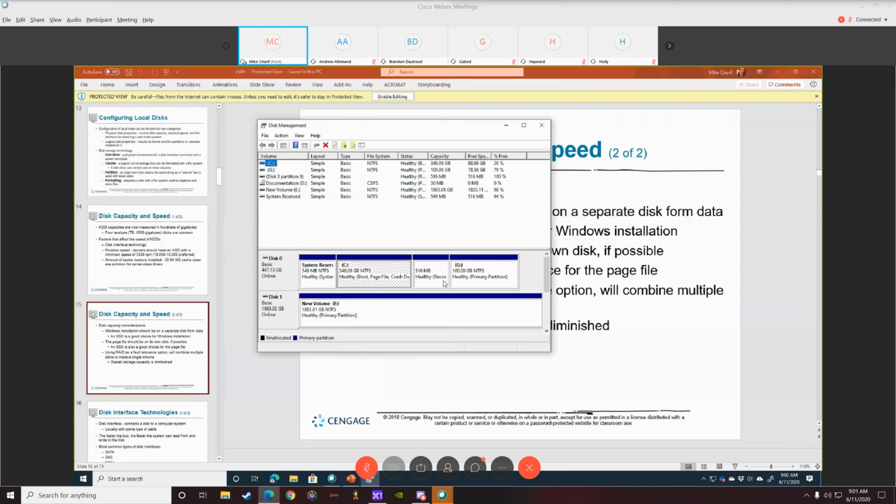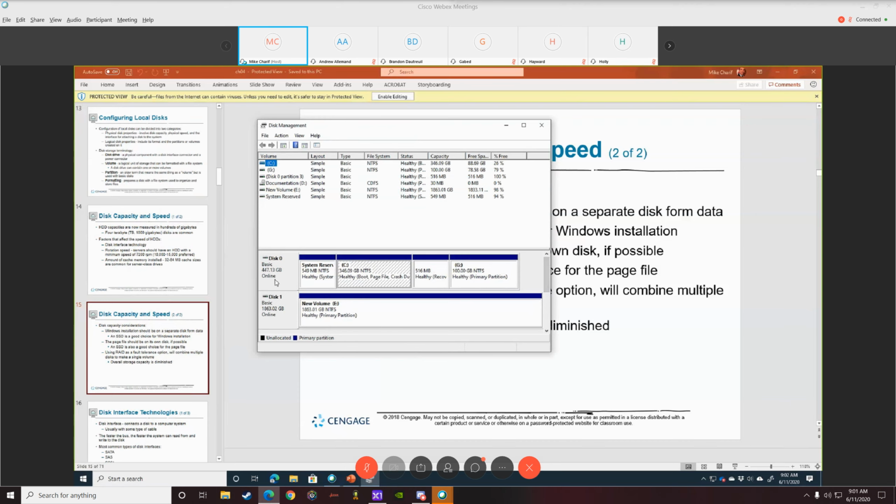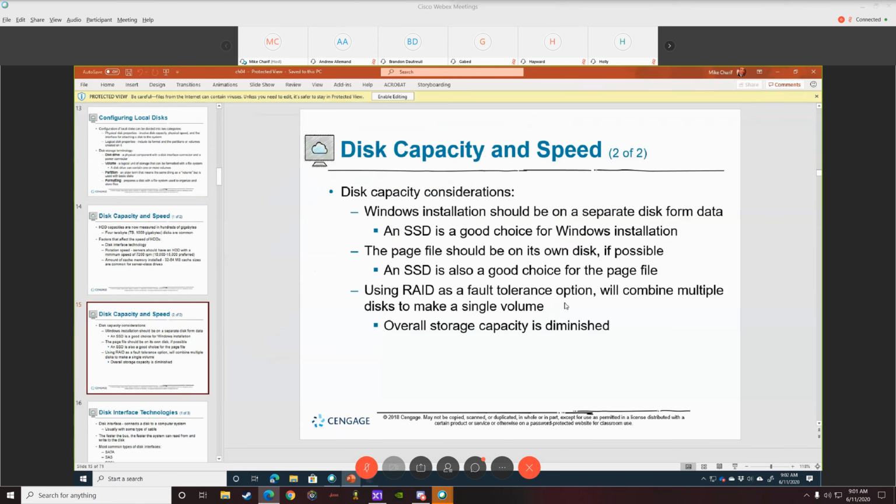So if I'm going to combine volumes from each disk, I need to change to dynamic. I need to go from here to dynamic and here to dynamic in order to do that.